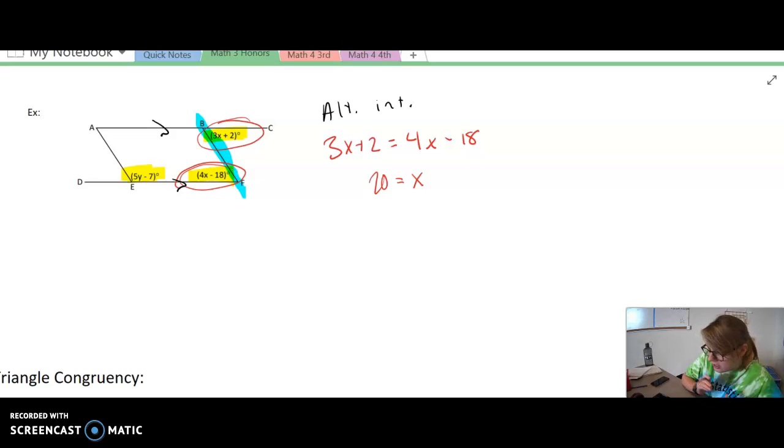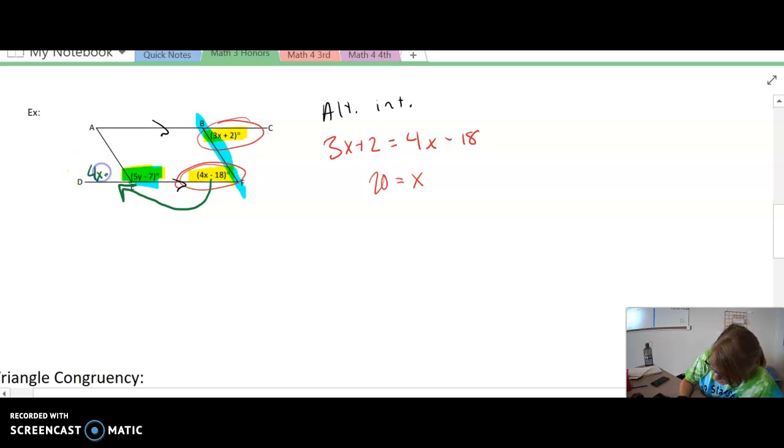So now we can solve for y, and I'll show you now. One thing that I notice is that y, or this guy, doesn't have a pair to go along with it. So we have to use two things to get it to work. One thing that I see is that there are two transversals, so we can use corresponding angles. So this is going to correspond right here.